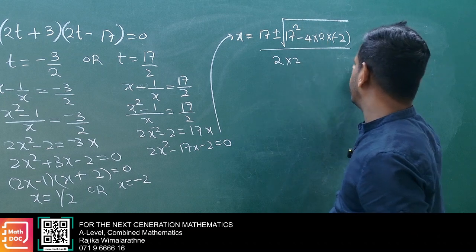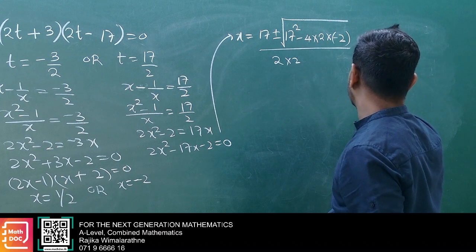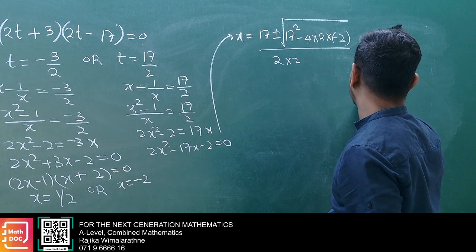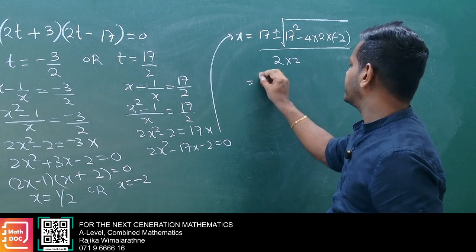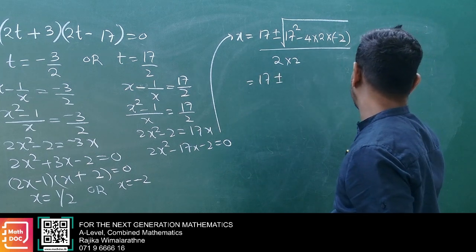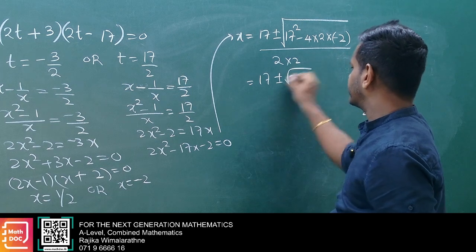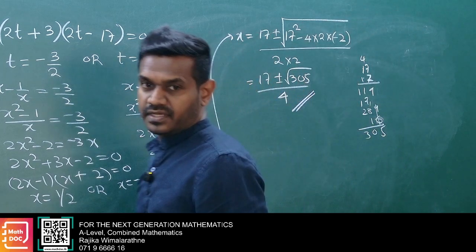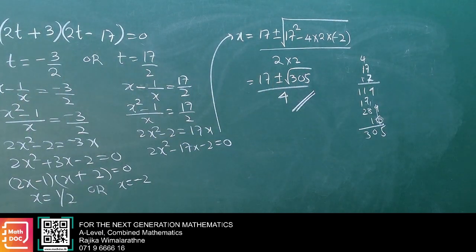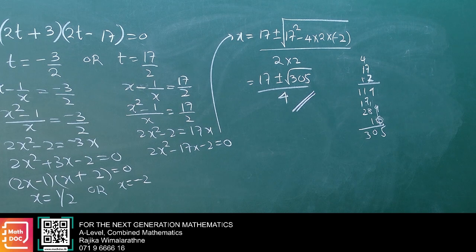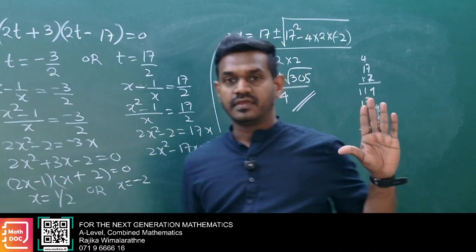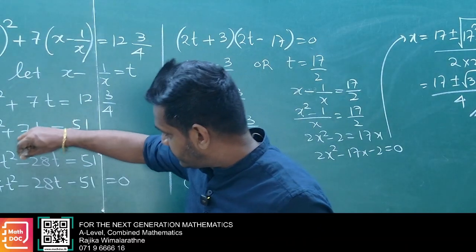Then you can simplify here 17 squared. Take time. Something is wrong here, plus 28.